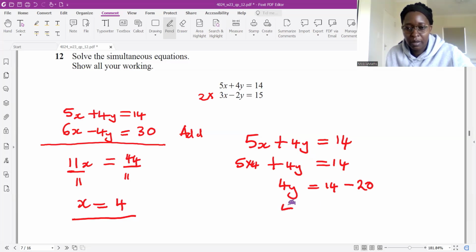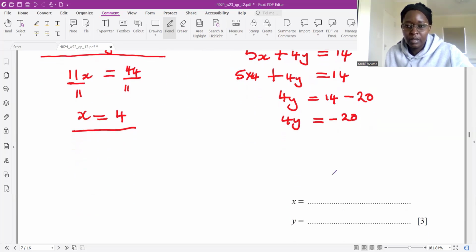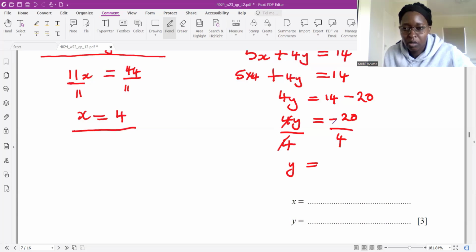So this is 4y is equal to minus 20. Okay, so let's see. I divide both sides by 4. So I get my y is equal to this, they cancel off each other. 4 into 20.